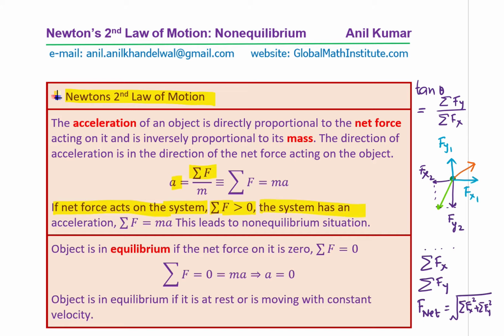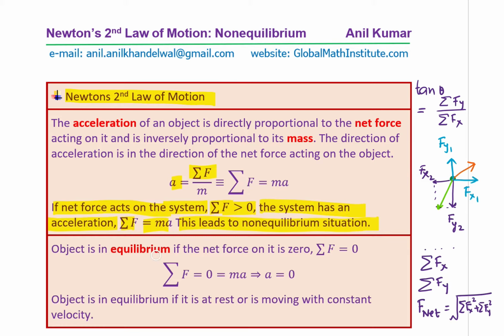The system has an acceleration, and then this net force is equal to the product of mass and acceleration, right? This leads to a non-equilibrium situation. So when this net force is not equal to zero, then it is a non-equilibrium situation. Correct? So you understand the non-equilibrium situation clearly. Net force is not equal to zero means non-equilibrium situation.